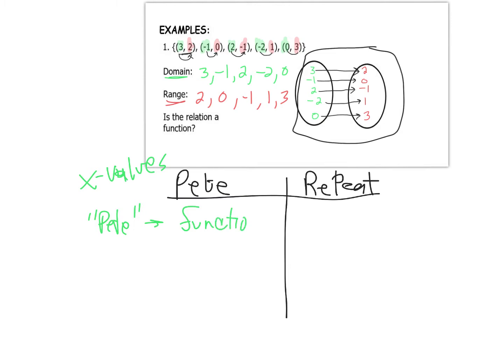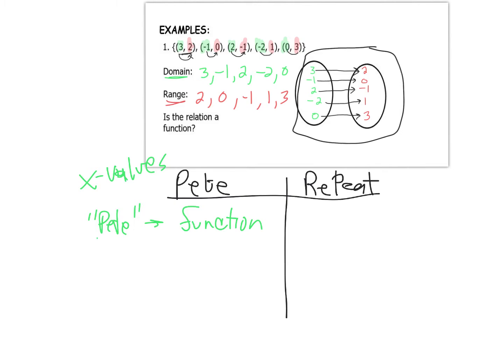Now, what do I mean by that? Well, I go back to the joke. If Pete and Repeat were in a boat and Repeat falls out, who's left? Well, you'd say Pete. That's not really a joke, that's just a statement. But the point is the joke stops.